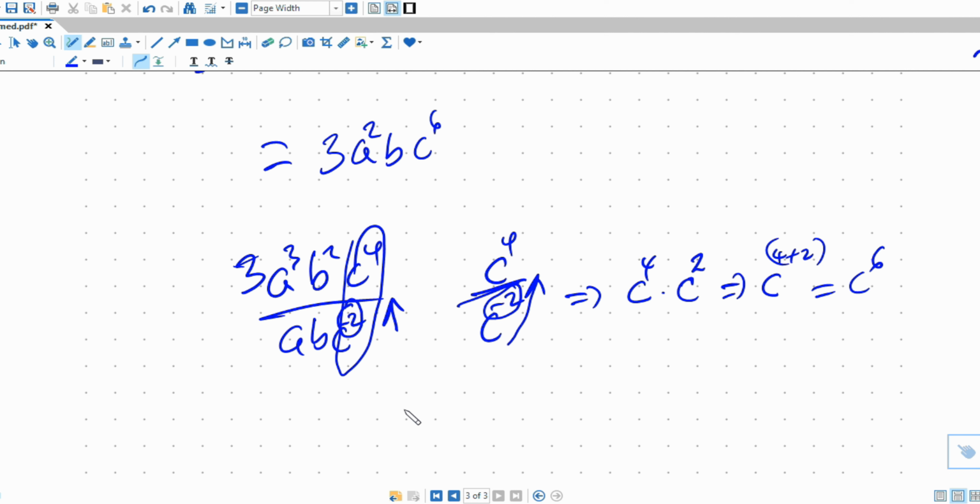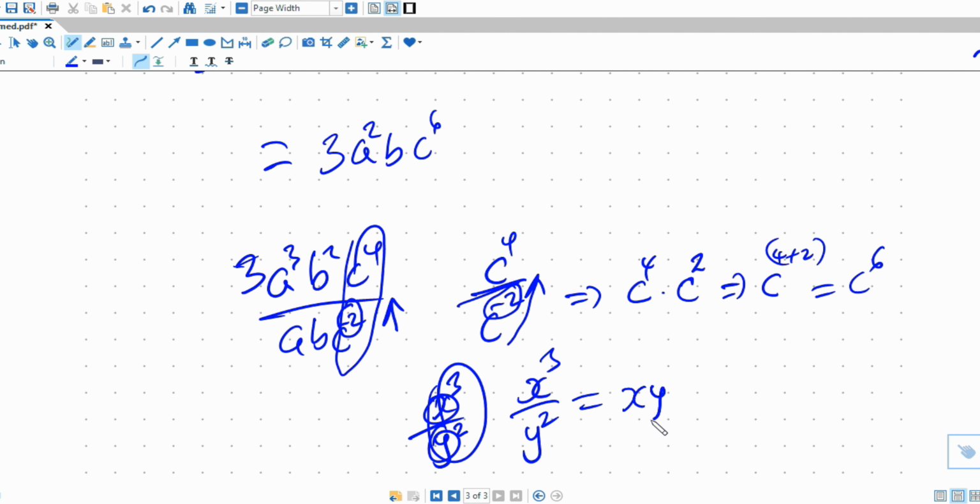If you have a figure like x over y, let's say x raised to 3 and y raised to 2, you can't say that x raised to 3 over y raised to 2 is equal to x or y raised to 3 minus 2. That is very wrong, because x and y are not the same. So when you're working out such kinds of problems, you need to take note of that.